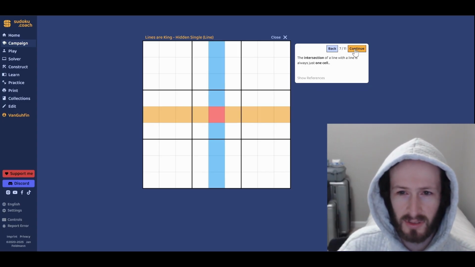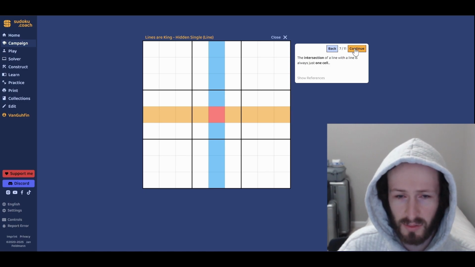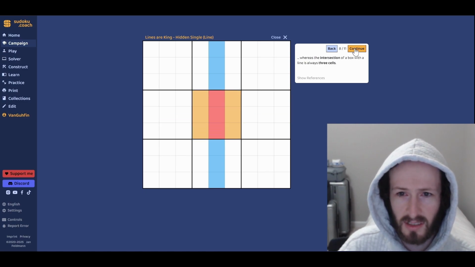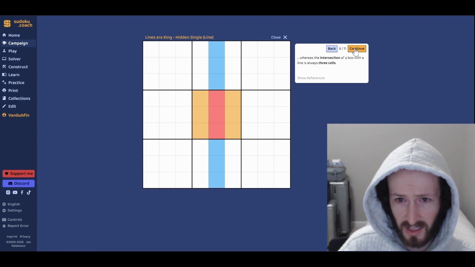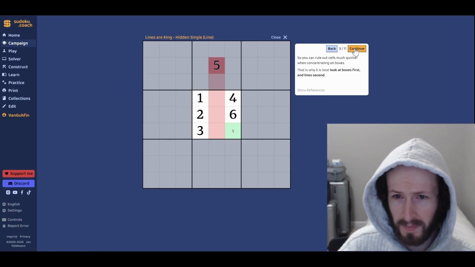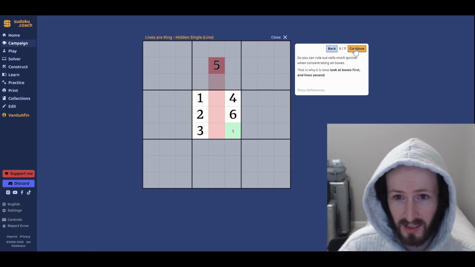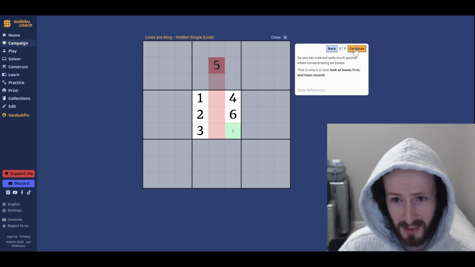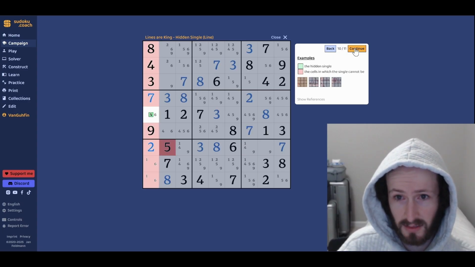The intersection of a line with a line is always just one cell, whereas the intersection of a box with a line is always 3 cells. So you can rule out cells much quicker when concentrating on boxes. And that's why it's best to look at boxes first and lines second.